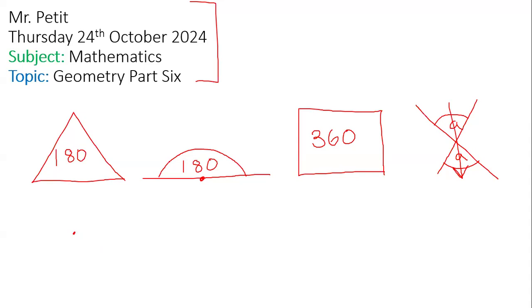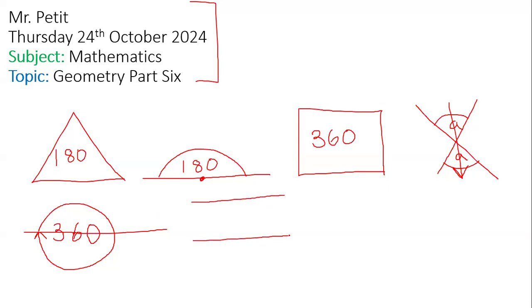So if we have this point, angles around a point add up to what? 360 degrees.